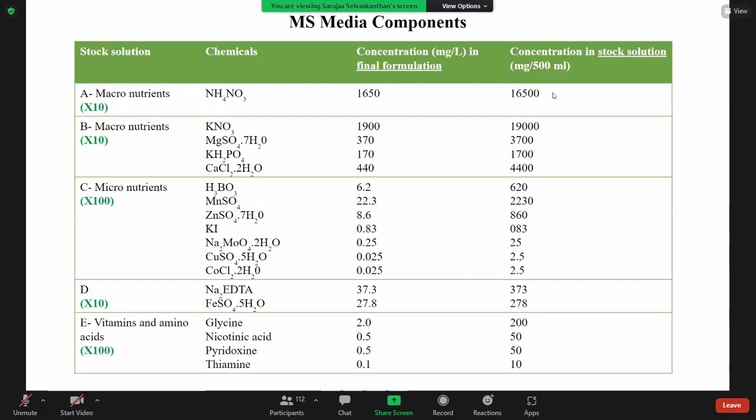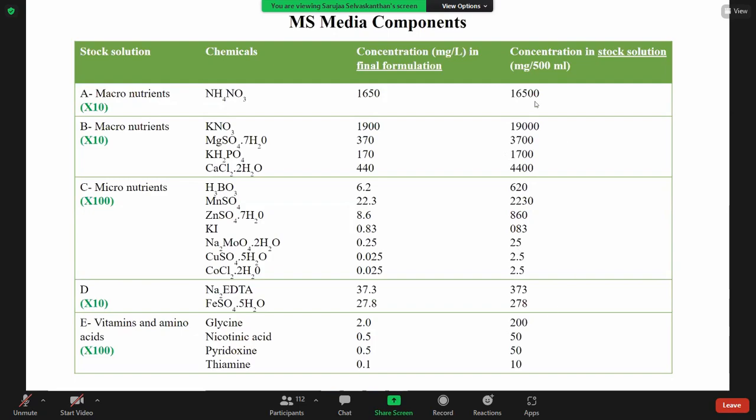This is for 500 milliliter, so we multiply by 2 for 1000 milliliter, and we can add 33,000 milligram, which means 33 gram of ammonium nitrate we can measure and dissolve in 1 liter water. Only for stock A, stock B, and stock D, we normally prepare 1000 milliliter, because these three finish very quickly.